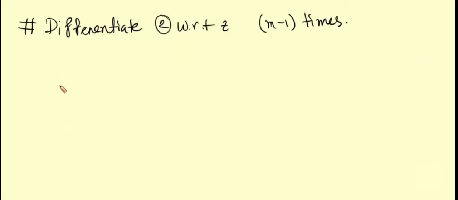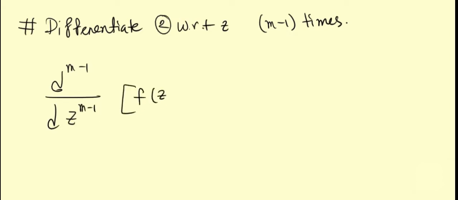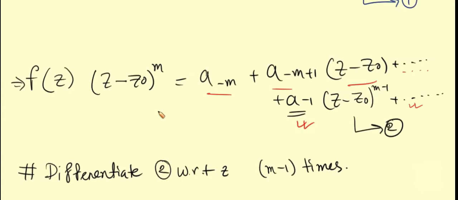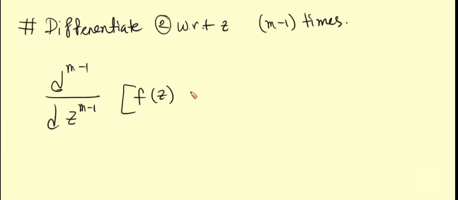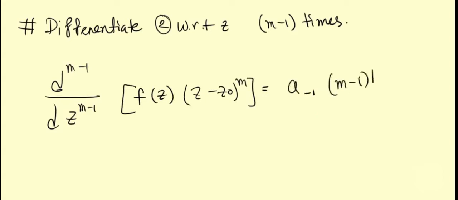So if you do that, it will look something like this: d to the m minus 1 over dz to the m minus 1, and since we're differentiating, we have to differentiate both sides. The left hand side will look something like this, and this should give us a minus 1 times m minus 1 factorial.